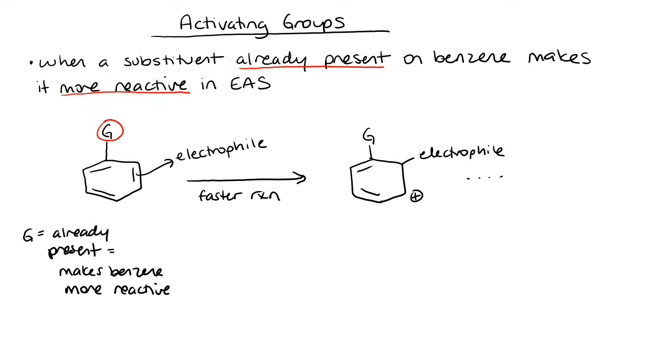Okay, then EAS would continue here. So it's promoting the formation of our arenium ion intermediate. So let's take a closer look at how activating groups work on the next slide.